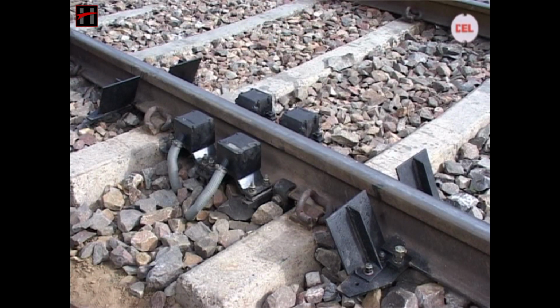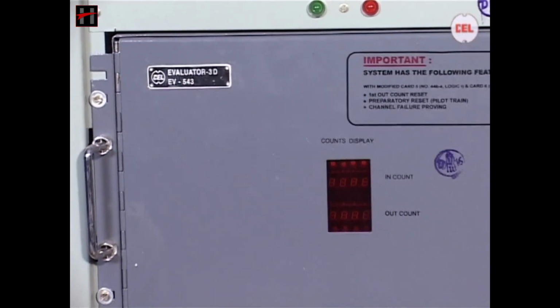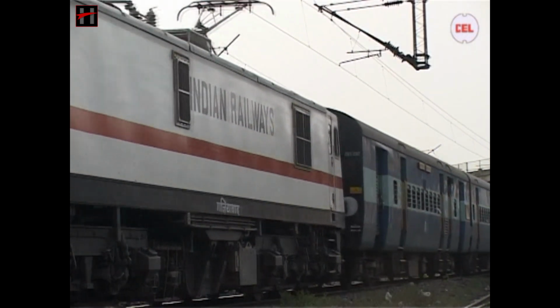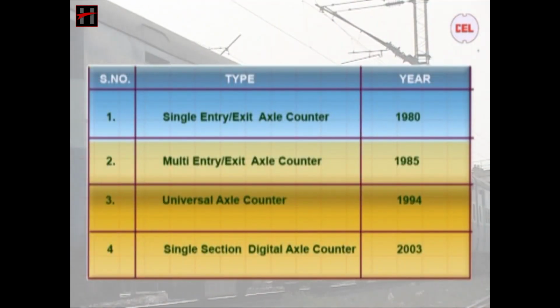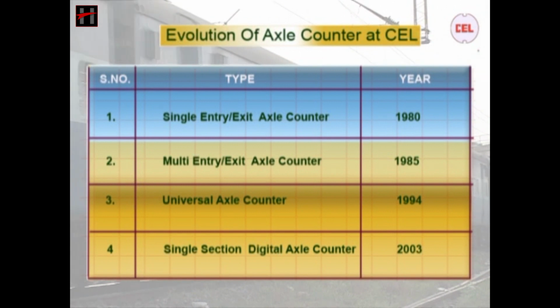Now, let us take a look at the evolution of axle counters at CEL. CEL and RDSO have jointly developed a single section digital axle counter or the SSDAC using a microcontroller.